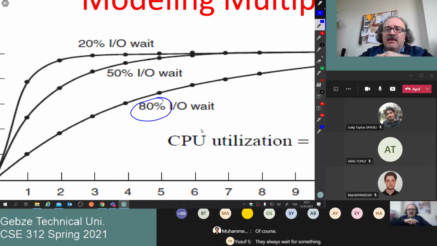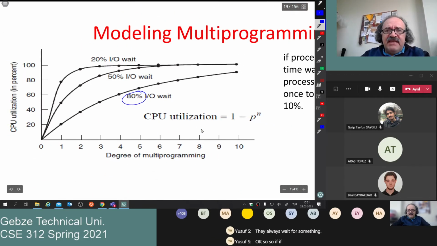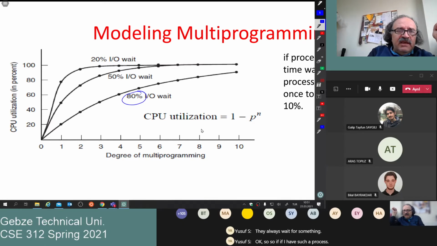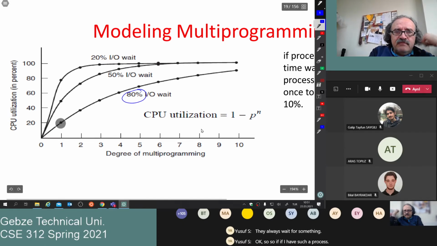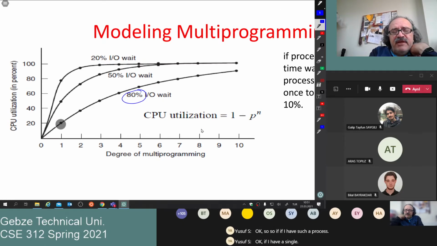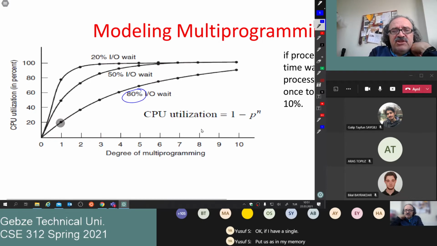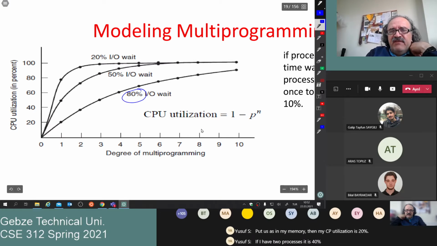So if I have such a process, a single process in my memory, then my CPU utilization is 20%. If I have two processes, it is 40%. If I have 10 processes, it is still barely about 80%, right?